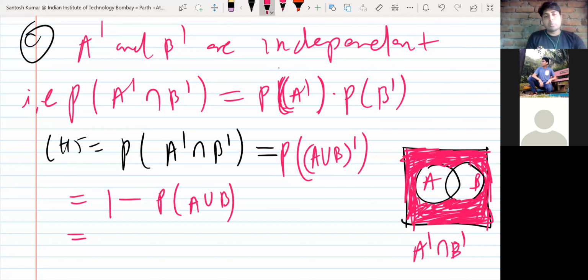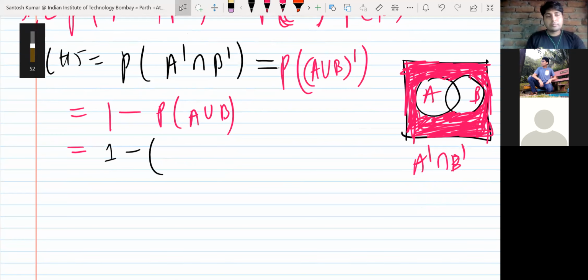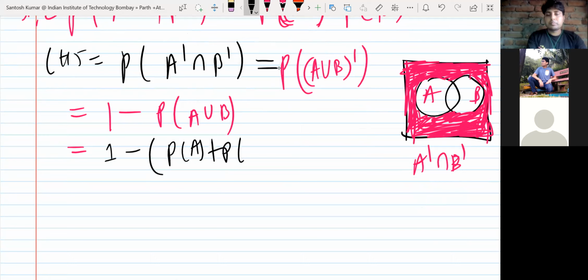Okay. Now, can anyone tell me the formula of probability of A union B? Probability of A plus probability of B minus probability of A intersection B. Yes.